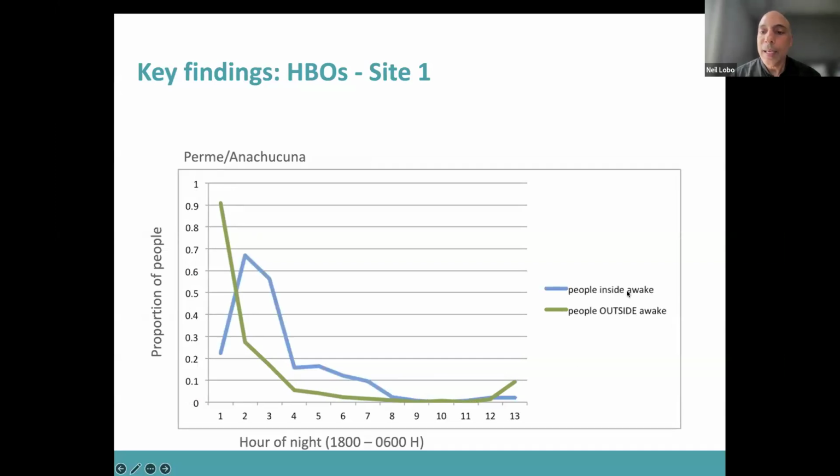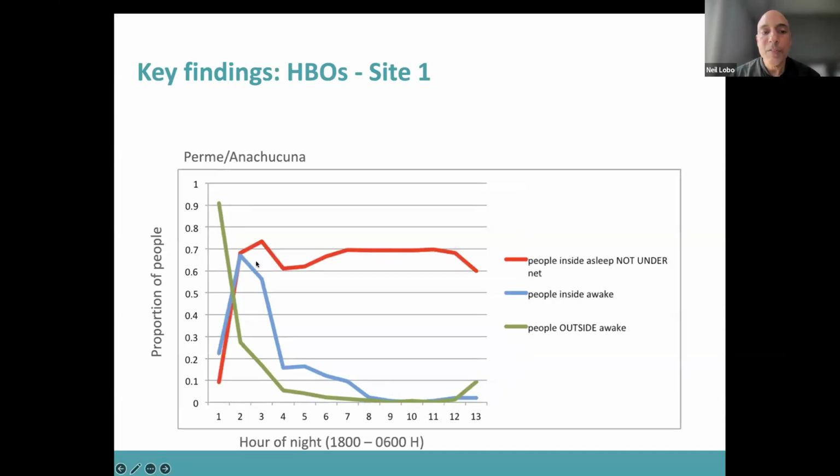If we look at people indoors awake, that's the blue line. You can see people over here going indoors as the number of people outdoors goes down, the number of people going indoors goes up, and these are awake, remember? So this number goes down as they go to sleep, and you can see over here, they start waking up just a bit.